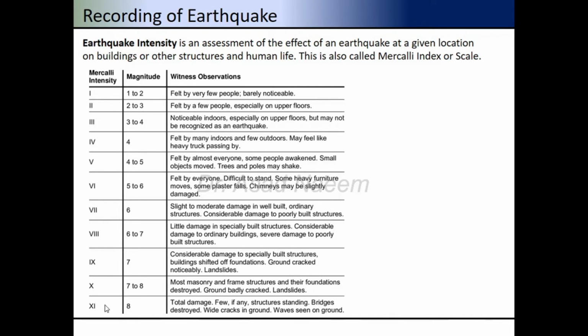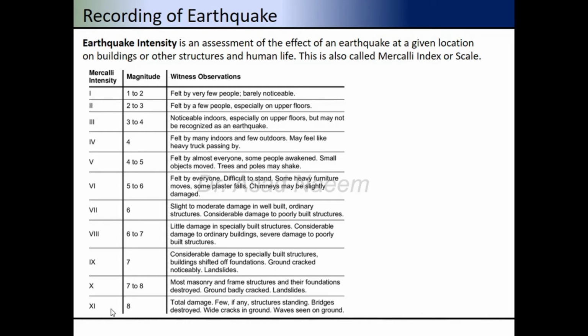Similarly, the maximum damage can be caused by an earthquake of magnitude 8, which has a total damage of a community, and few structures remain standing.